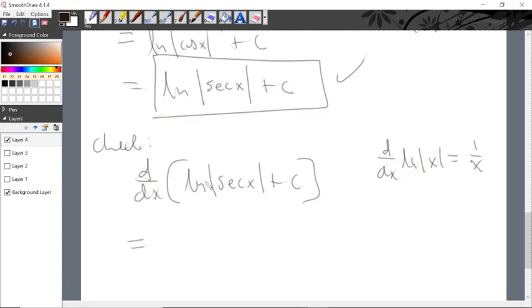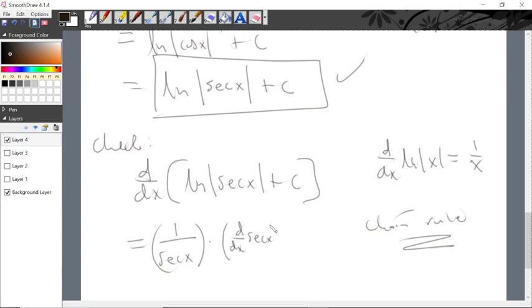So the derivative of the natural log of the absolute value of secant x requires the chain rule, which we reversed by the substitution here. So we get 1 over secant of x, not 1 over absolute value secant x, just 1 over secant x, times the derivative of the secant of x.